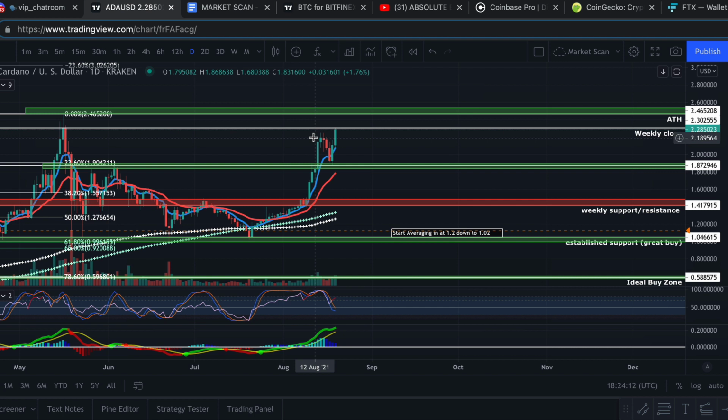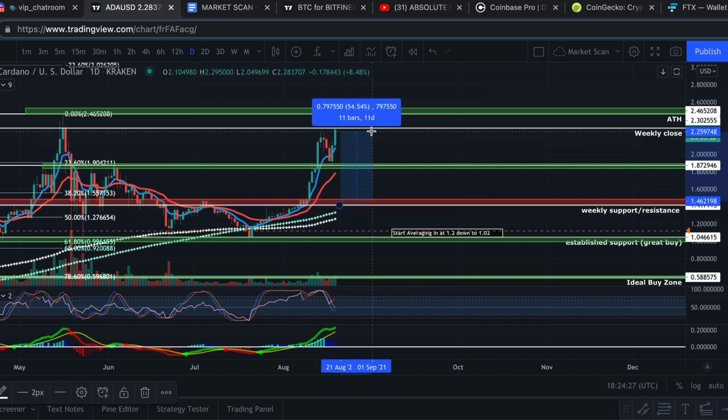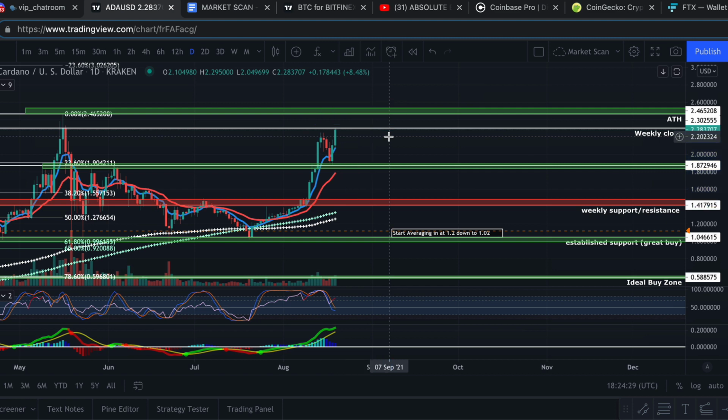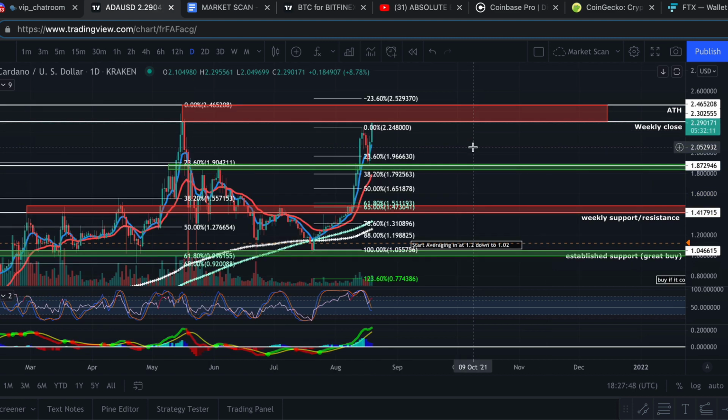Oh, damn. Yeah, this was the weekly support resistance, the previous weekly support resistance. Cardano would have been a ridiculously good play. Looking at Cardano right now, it's basically in a no buy zone.